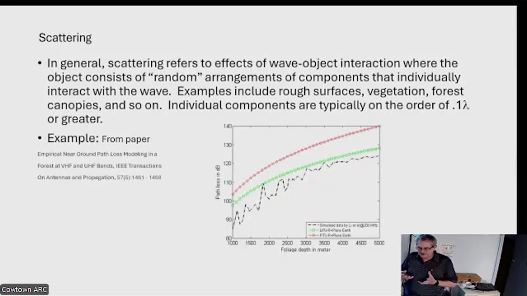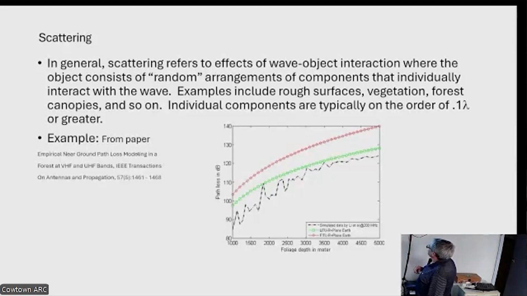As the wave is interacting with this particular object, it's directing energy in various directions. It depends on what that is as to how that's happening. But anyway, that's the idea of scattering. It may not be incoherent, but it's kind of random in a sense. And so a lot of different things we think of as doing this.